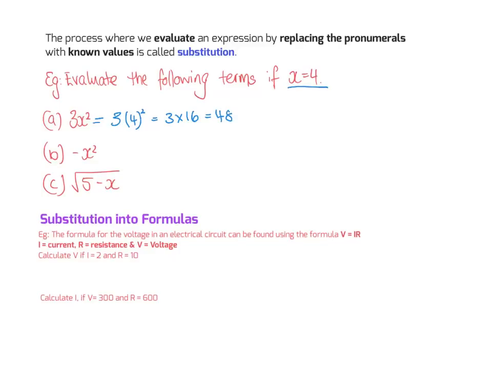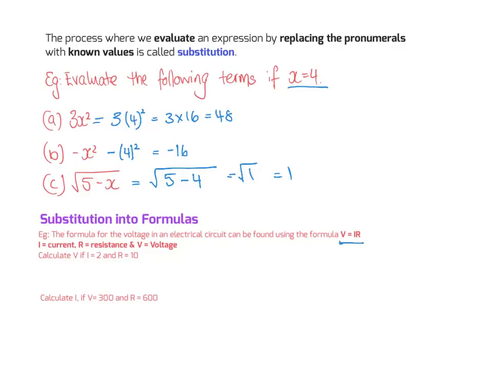Here they've asked us to find minus x squared, so we do minus 4 squared, which equals -16. When you're asked to substitute, you just put whatever they said the letter was, so it was 4, so we get the square root of 1, which is actually 1.